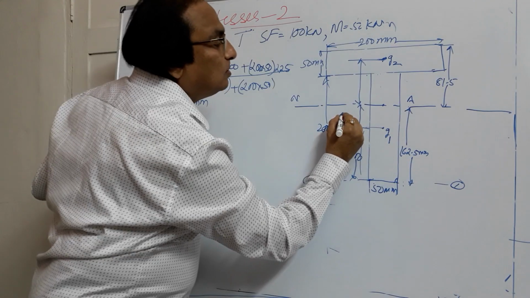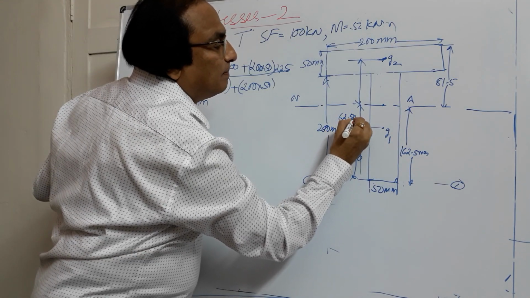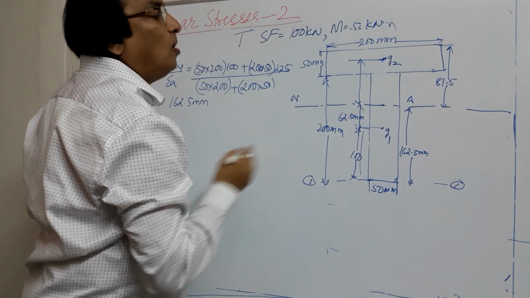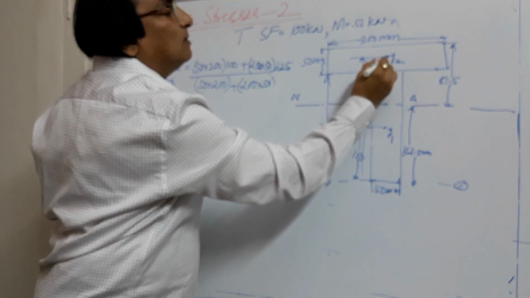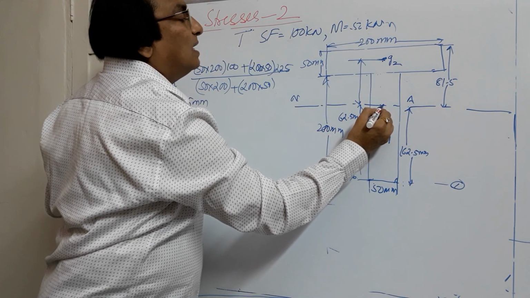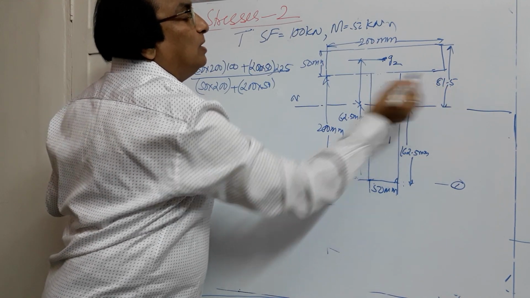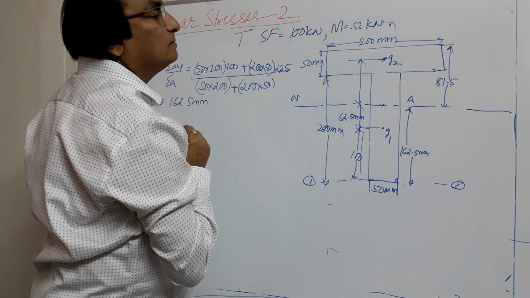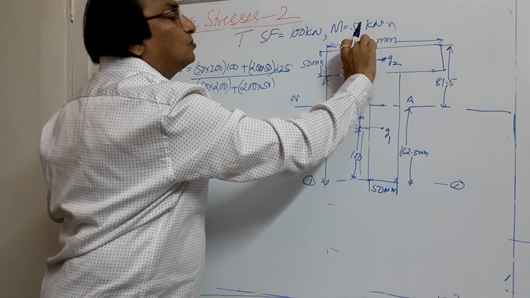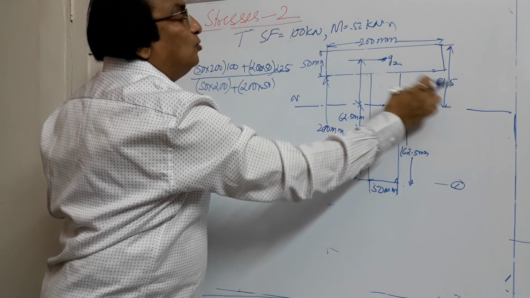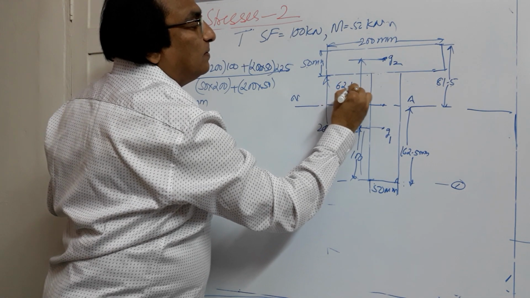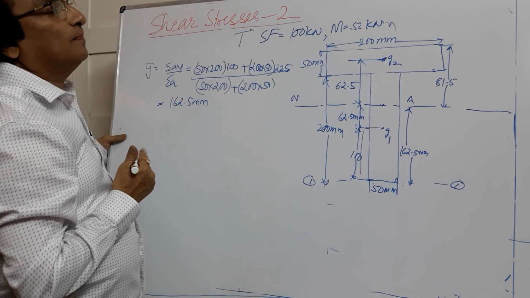So this will be equal to 62.5 mm. That is the distance of the centroid of the component from the neutral axis. On the same lines, I want this distance, centroid of G2 from neutral axis. So this is 81.5 minus 50 divided by 2, because this is 25. So 81.5 minus 25 will give you 62.5.